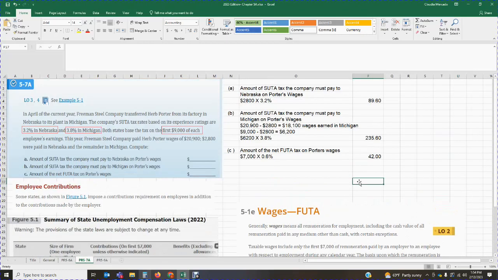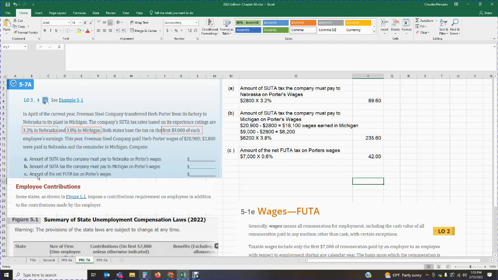So please make sure that you read the content in the chapter, and that you analyze the information being provided. That way you can apply this to the actual calculations. So these are our three requirements. We're going to pay $89.60 for the SUTA tax on Nebraska, $235.60 for the SUTA tax on Michigan, and $42 for the FUTA tax on the entire wages.